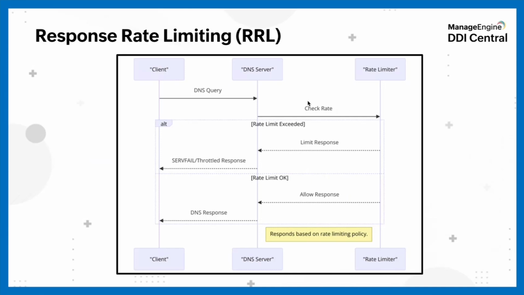If the rate limit is exceeded, the server will send a throttled response back to the client. However, if the rate of the request is within the acceptable limits, the DNS server will proceed to send the appropriate DNS response to the client. This selective response mechanism ensures that your network is not only resilient against attacks, but also remains efficient and reliable for legitimate users.